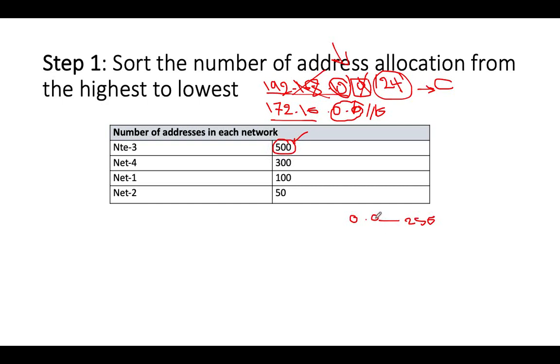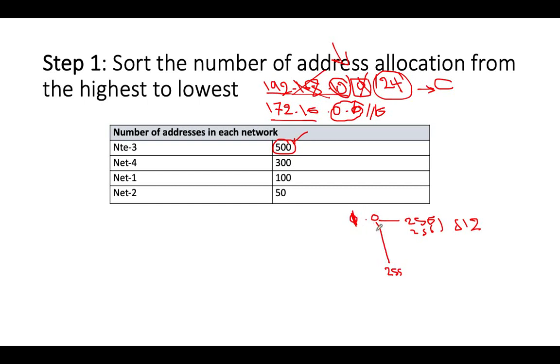I will need 2. So 256 plus 256 will give me 512. What to do exactly? Very basic and very fundamental. This is 0.0, and it will finish here at 255. Does that make sense? So I have here 256 IPs. Good. And I will change this one into 1.